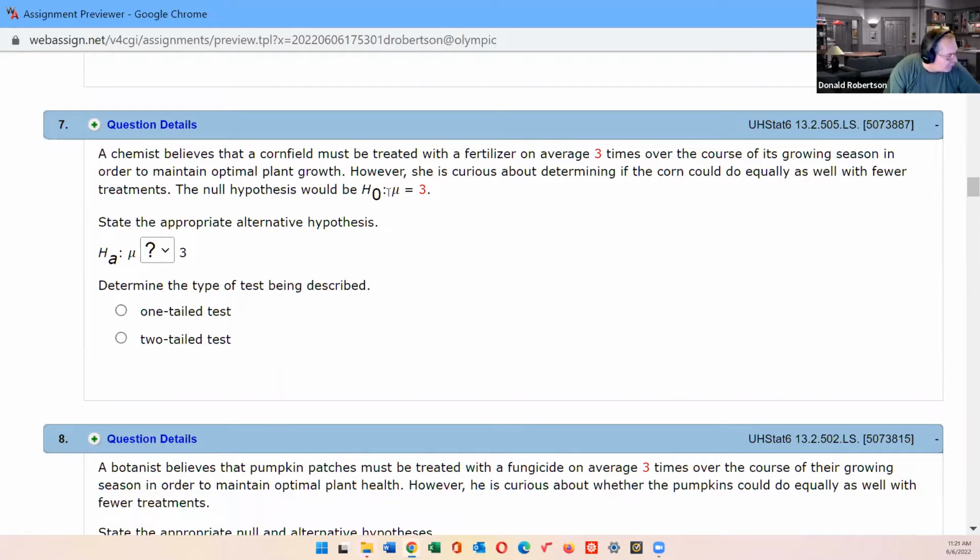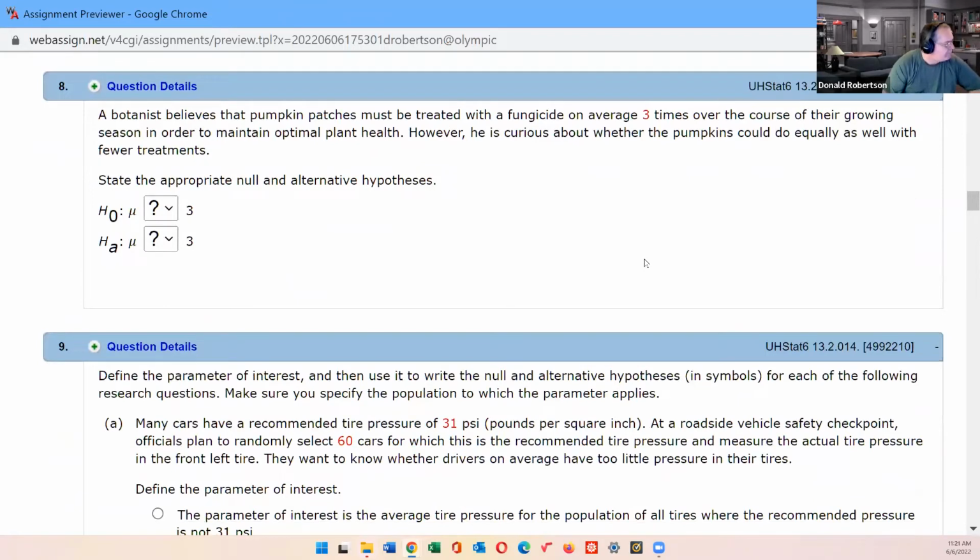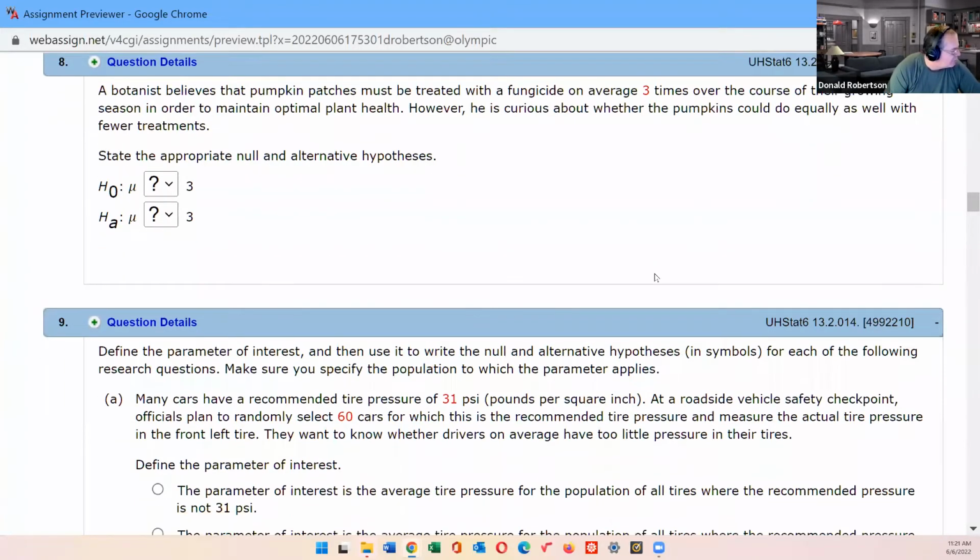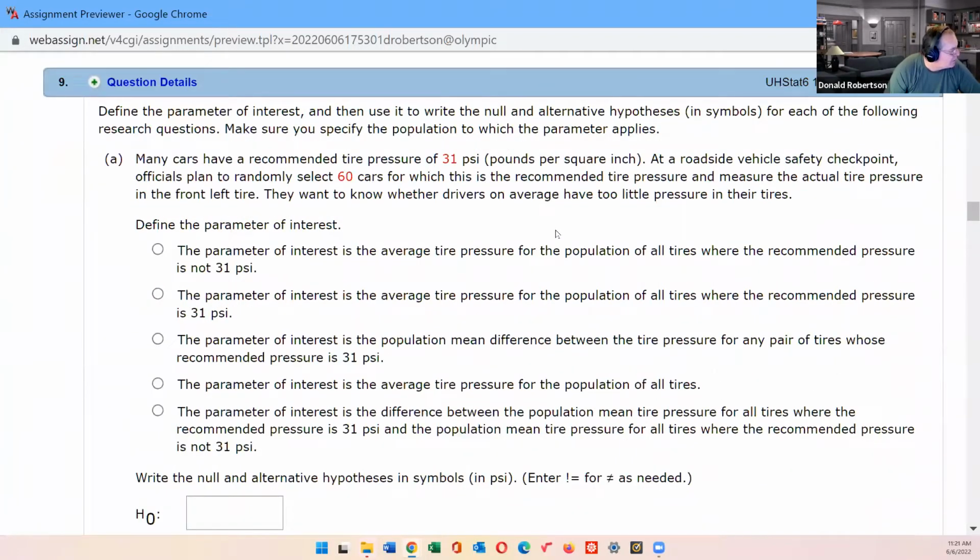So the null hypothesis is equal. Won't this be, let's see if I can get the same crop with less? And definitely one-tailed. And that one's similar, so I'm not going to do that one.